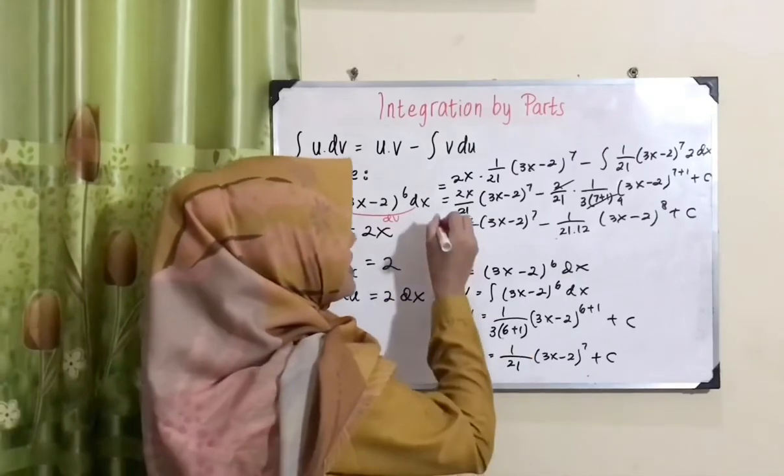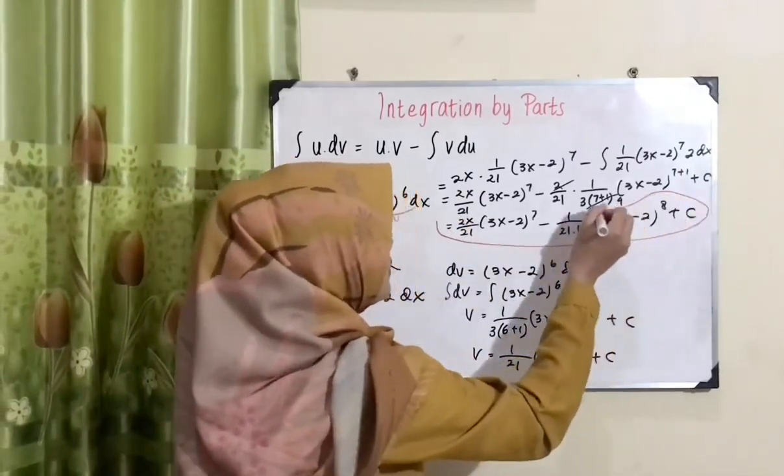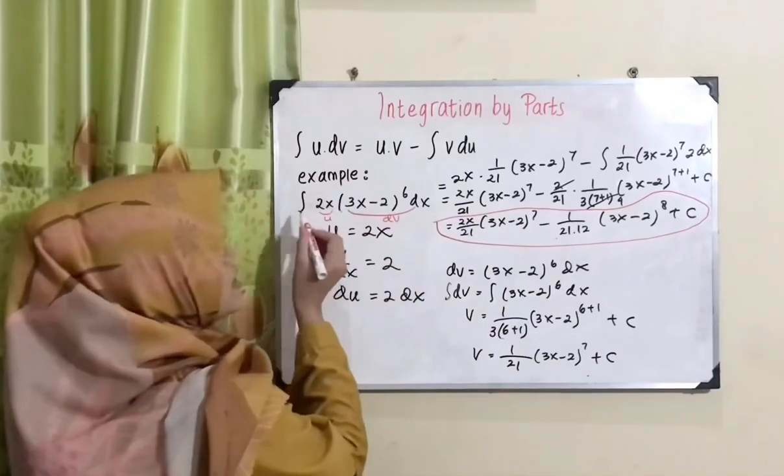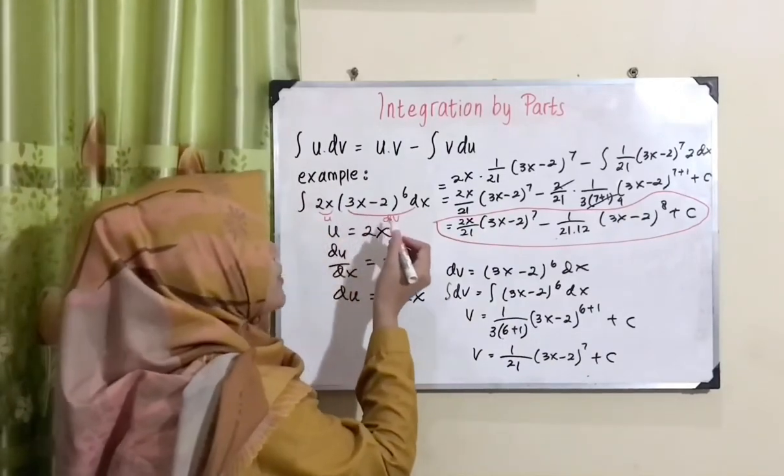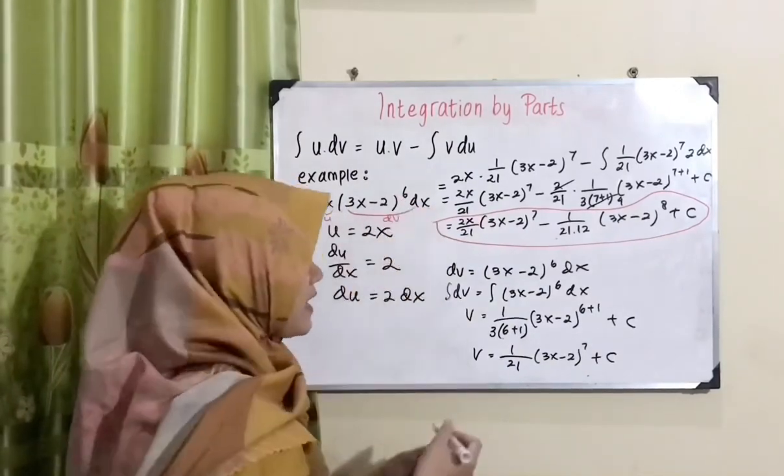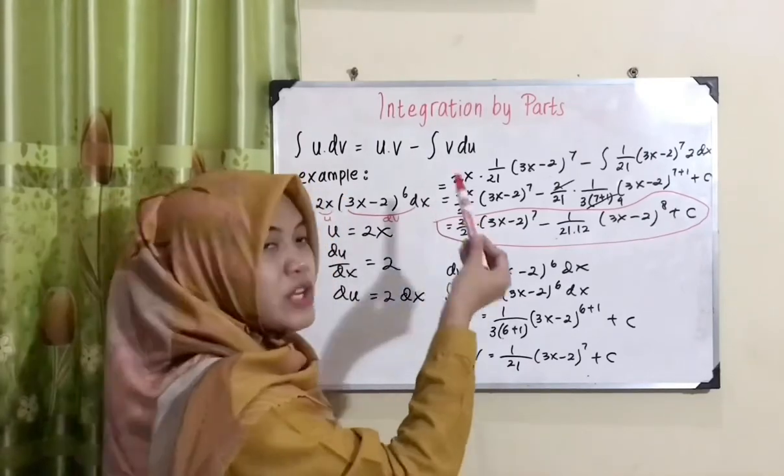Okay, this is the value of the integral of 2x times (3x minus 2) to the power of 6 dx using integration by parts.